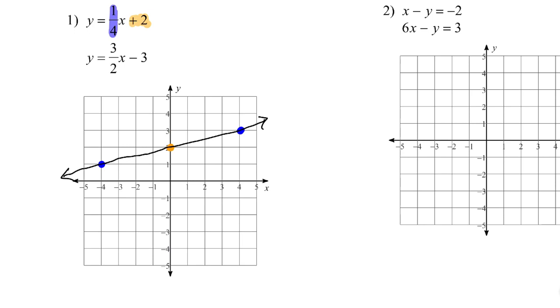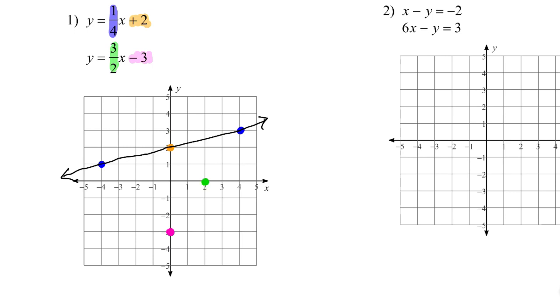And the next one has a slope of 3/2 and a y-intercept of -3. The y-intercept of -3 will be right here at (0, -3). A slope of 3/2 means go up 3 and to the right 2, up 3 and to the right 2, and just keep following that pattern.